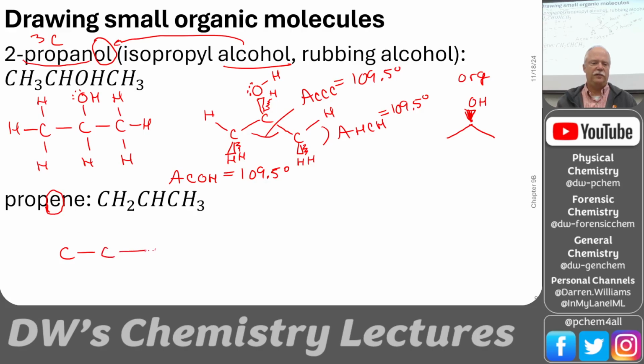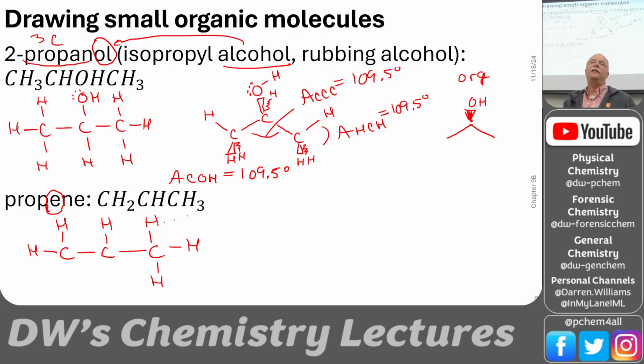Let's draw just as if it's a regular backbone. We'll draw this methyl group on the right, CH3, we know that. This has H2 and an H here. So there's all the atoms.